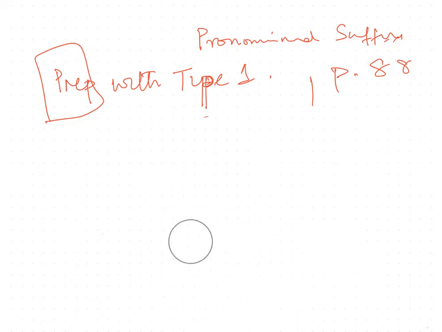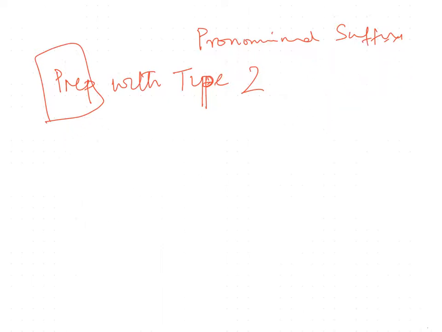Okay. Let me show you another example which will take type 2. Remember, even if it's a preposition which takes type 2, it is going to be translated as an objective. Now, for this, you will have to see example 11.6 on page 90, maybe 11.691.